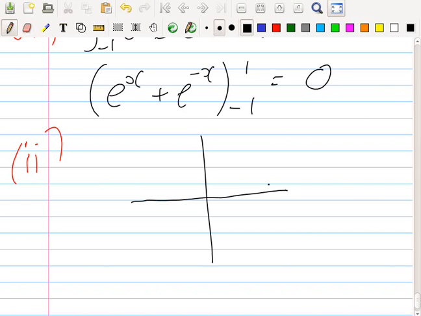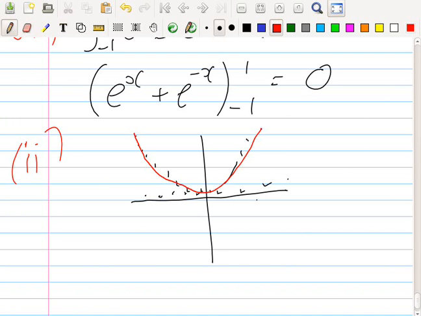Now what shape is e^x? e^x goes up, doesn't it? And e^-x goes down. So this is how e^x looks, and this is how e^-x looks. If you add them together, you get a graph that looks roughly like this.